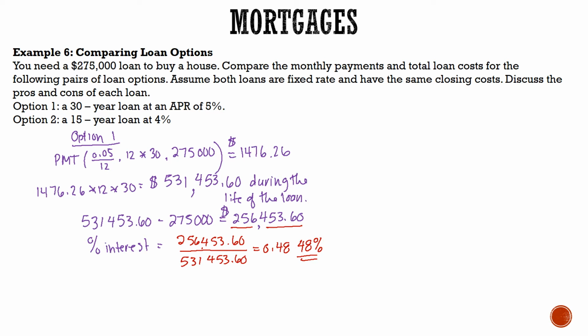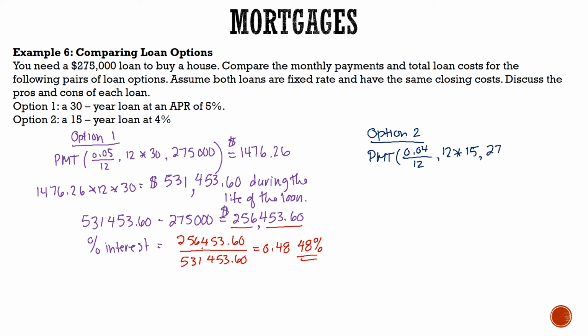Okay, so let's take a look at the other option. Let's see if that's any better. So option 2, again, we need to come up first of all with the payment that we'll have each month. So in Excel, we'll do a payment function. The interest rate on the 15-year loan is just 4%, so 0.04 divided by the number of payments per year, then 12 times the number of years that we'll be having this loan, which is 15 years, and then the amount of the loan for the mortgage.